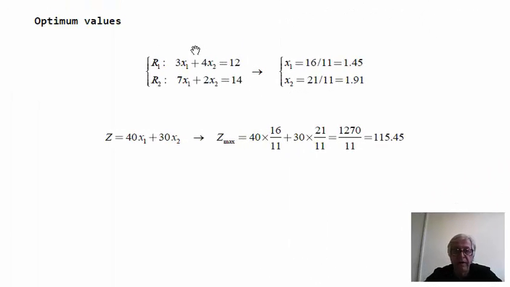Since we identify the lines that define the optimal point, we just need to solve now this system of equations to get the coordinates of the optimal point. And with these values, the optimal values of x1 and x2, we can evaluate the maximal value of the objective function, which we get this value in euros per day.